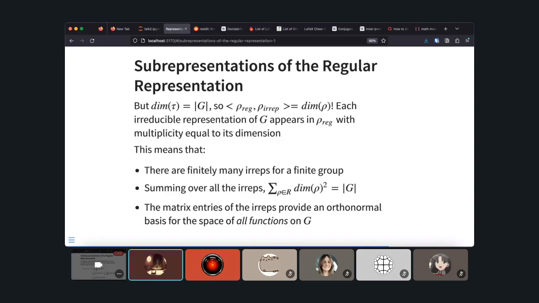That means that every irrep is one-dimensional, because there has to be one irrep per element, and the squared dimensions sum to the number of elements. So there are no matrix irreps for abelian groups. You just get one-dimensional scalars, elements of C, and so your Fourier transform matrix is a diagonal complex matrix.